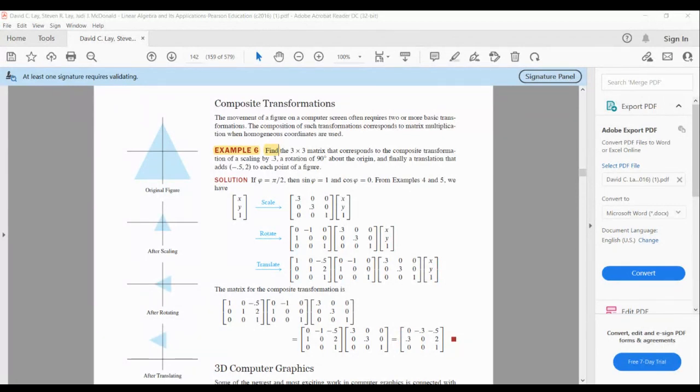That triangle to the left, is it getting bigger or smaller after the scaling or the shrinking? The original figure, the triangle on the left there, example 6, this is the exact problem we just did.